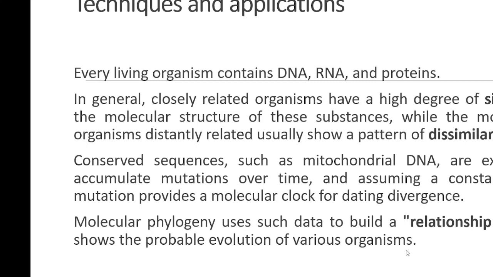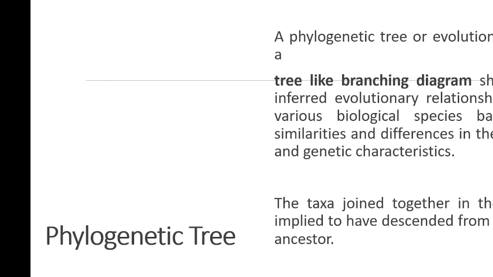So by studying the DNA present in the mitochondria of different organisms, we will be able to see how similar two organisms are. That is why we usually take the mitochondrial CO1 gene. It is a type of gene present in mitochondria, and this mitochondrial CO1 gene gives us a lot of idea regarding the evolutionary relationship between these two organisms.